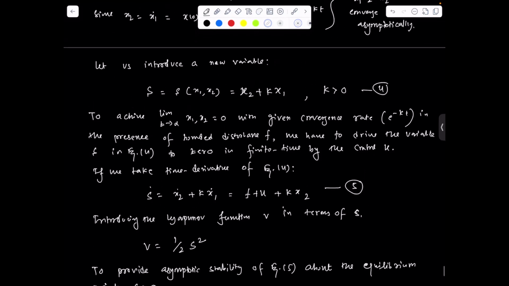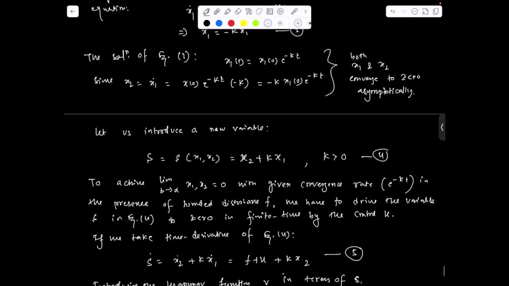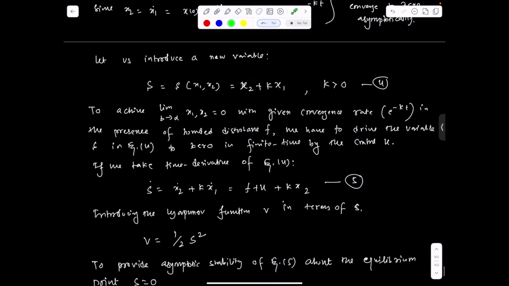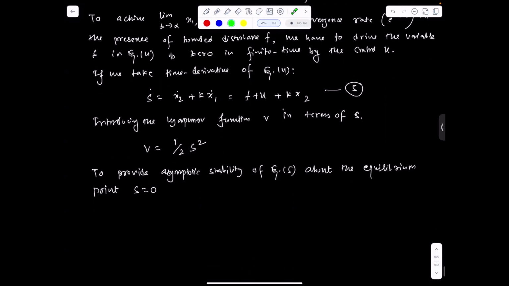Because if you notice here, we have this equal to 0, right? And we have denoted this equal to s. So also the equilibrium point of this equation is 0.